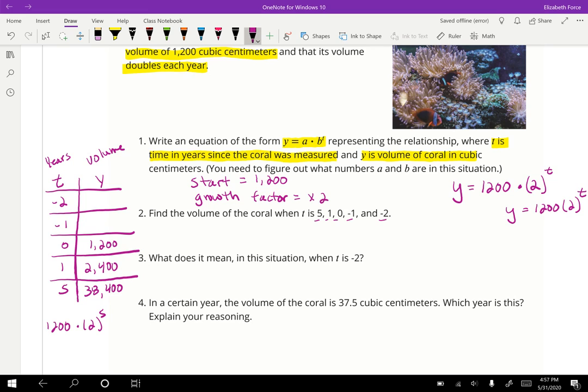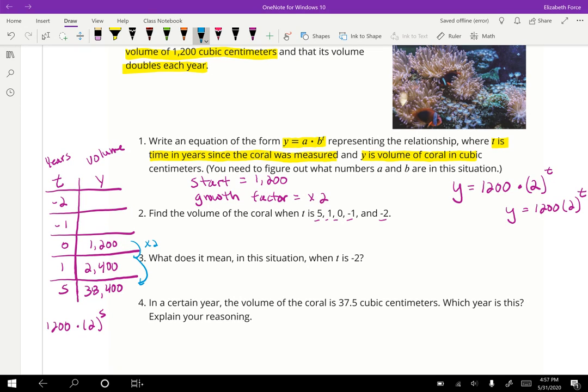38,400. And what do you think I should do when I want to go back? Right? So we have to raise this 2 to the -1, or 2 to the -2 power. So anything to the negative exponent is actually a fractional value. Because I keep multiplying from my initial value, I'm multiplying by 2.